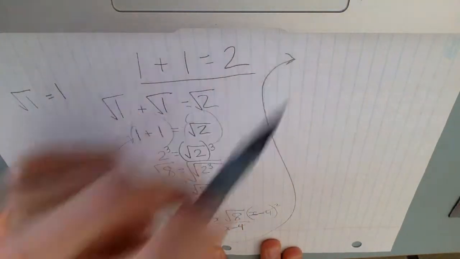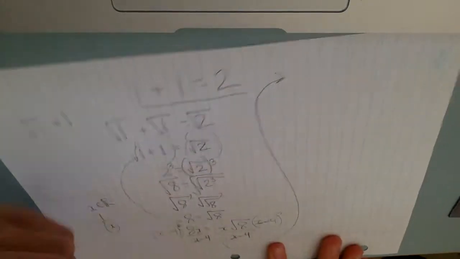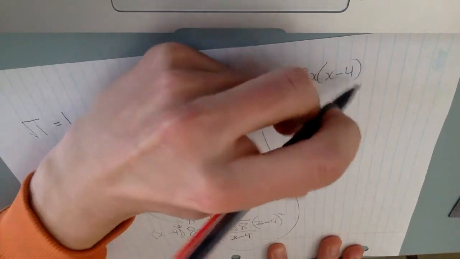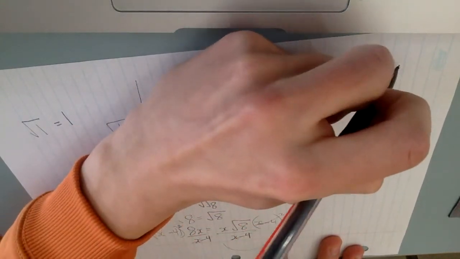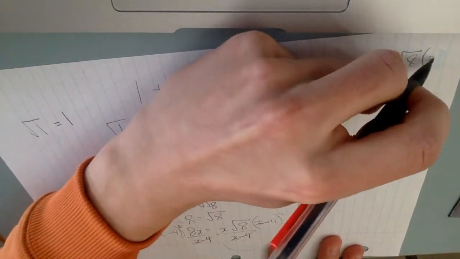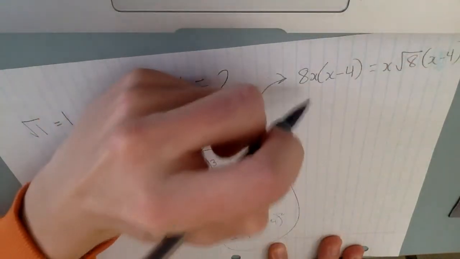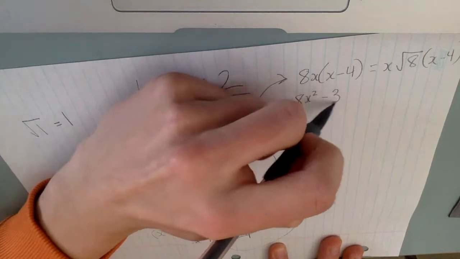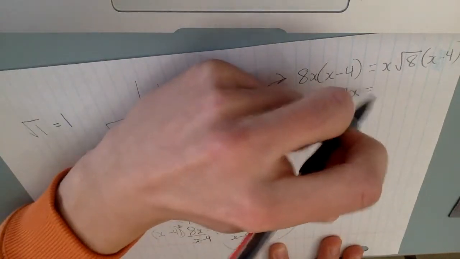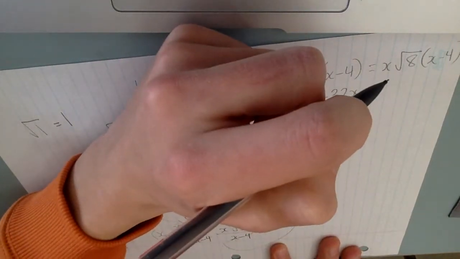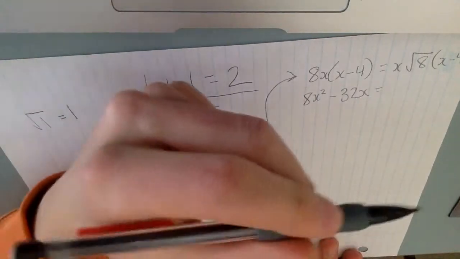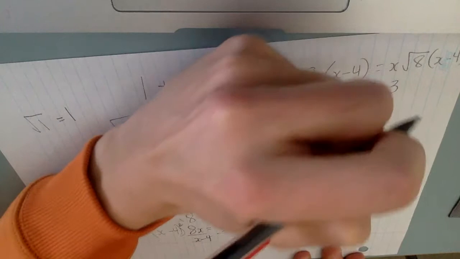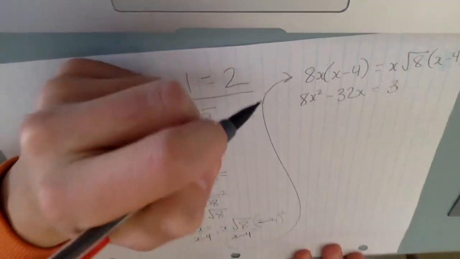So then we're going to bring this up to the top of the page so you can see it a little bit better. 8x times x minus 4 is equal to x root 8 x minus 4. So that means, to expand these brackets here, we're going to do 8x squared is equal to 32x, which is equal to 3.